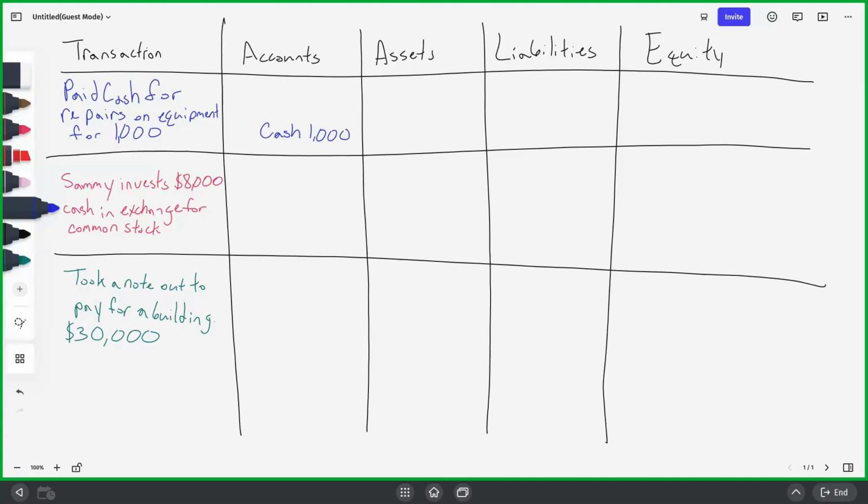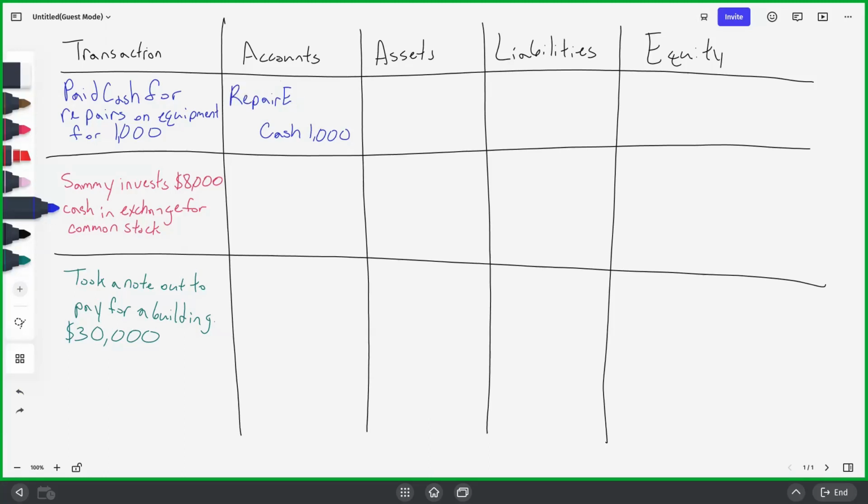So, what other account are we dealing with? What are we doing to the equipment? Because we're not just buying equipment again. Repair. So, it'll be a repair expense. So, what's going to happen to our assets?